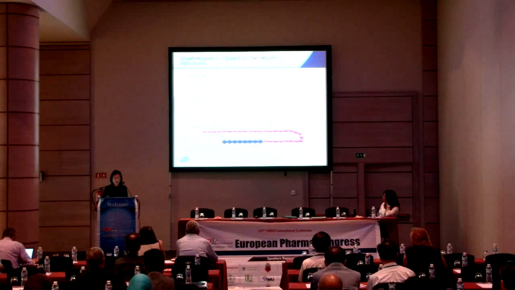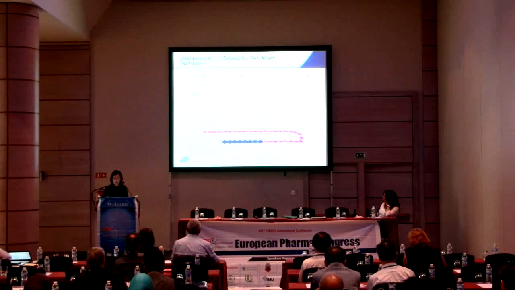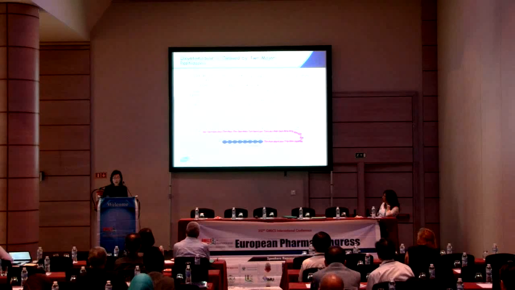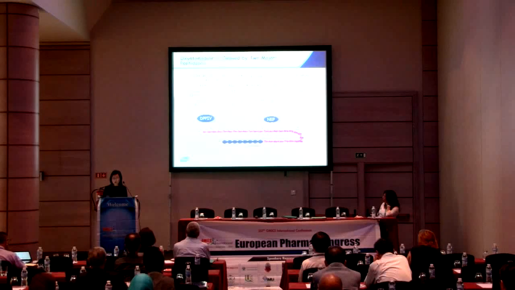And you can see this is the sequence of oxyntomodulin, with glucagon and the octapeptide. It's mostly cleaved by two peptidases, DPP4 and NEP, neutral endopeptidase. It's very much conserved.